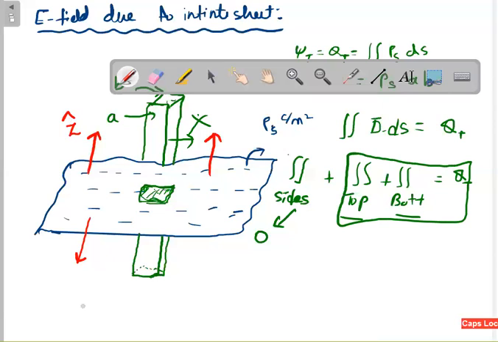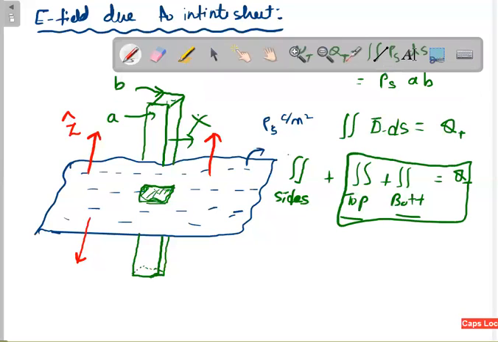Once I'm interested in top and bottom, if you do substitution, for example for the top portion, suppose double integral of D magnitude a_z cap.